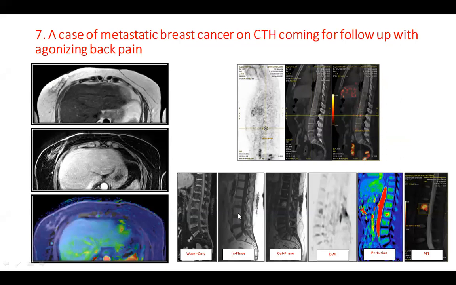Normally the fatty marrow shows this drop of signal when compared. Now we have a bright marrow signal on the T1 in phase sequence that normally drops on the out of phase sequence. We can see that this lesion of concern shows no drop of signal. It is standing out as bright signal on the out of phase, which is supportive of its infiltrative neoplastic nature.